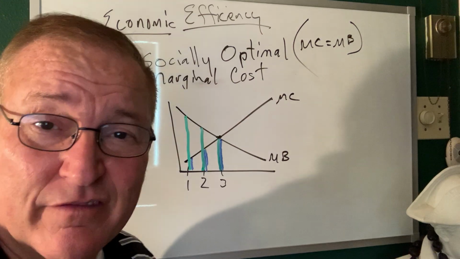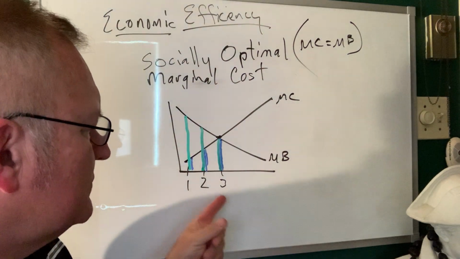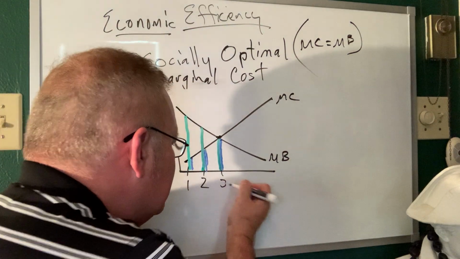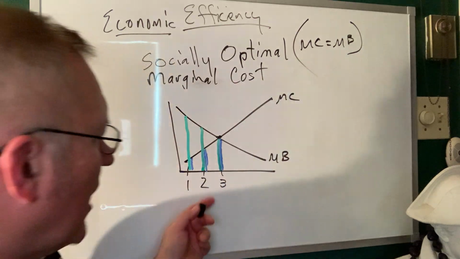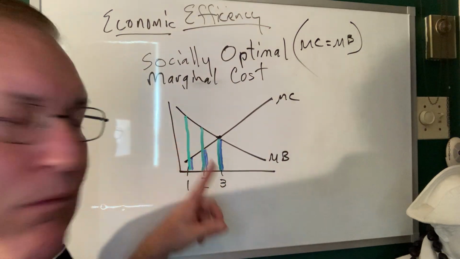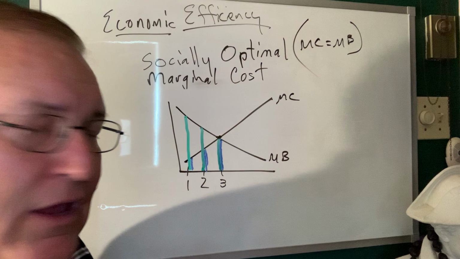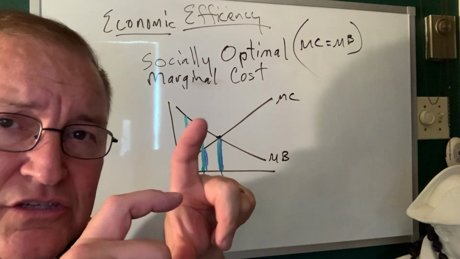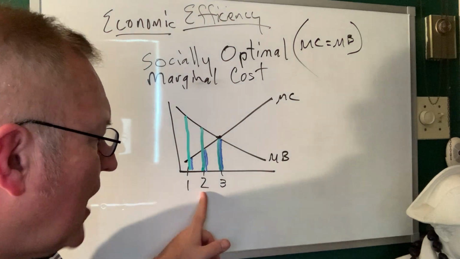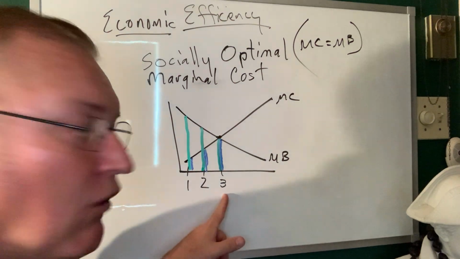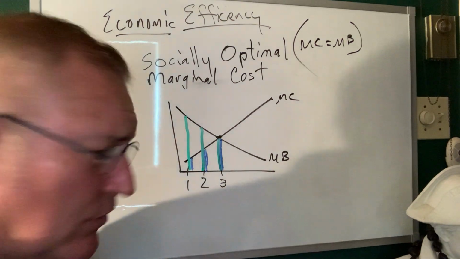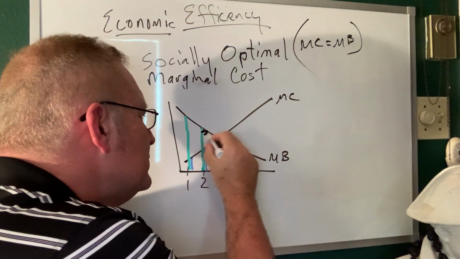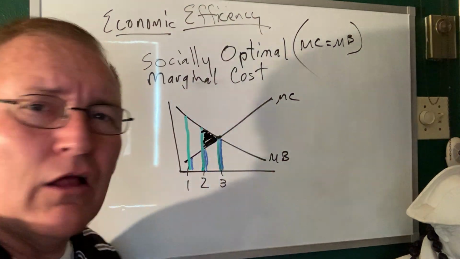Actually, here's the best way of understanding it. Because if you're thinking, well, that makes no sense, Mr. Dixon, why wouldn't we just stop at the second increment? Why would we go all the way to the third increment? And here's why. The second increment's good because the benefit is still higher than the cost. But if we stop at the second increment and we don't go all the way to where marginal cost equals marginal benefit, we lose all of that benefit.